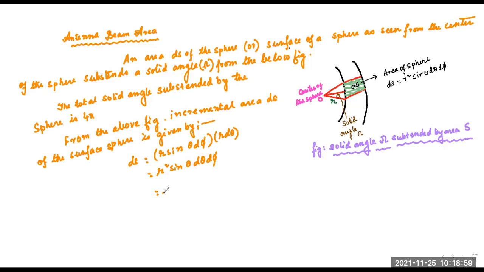That is equal to r square d sigma meter square, where d sigma is solid angle subtended by area ds.